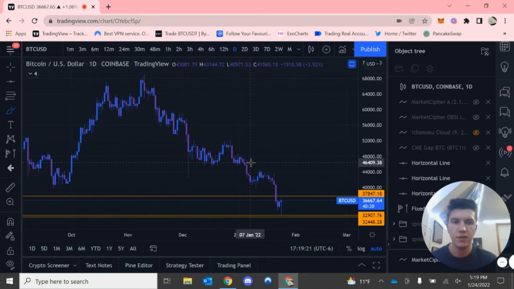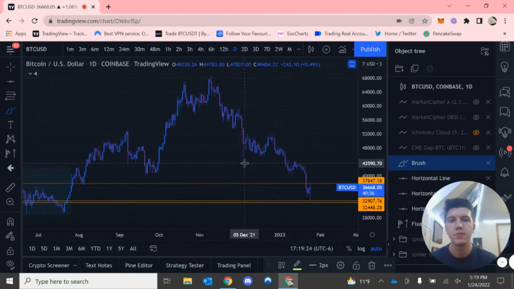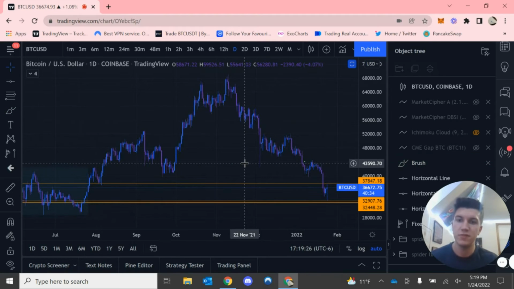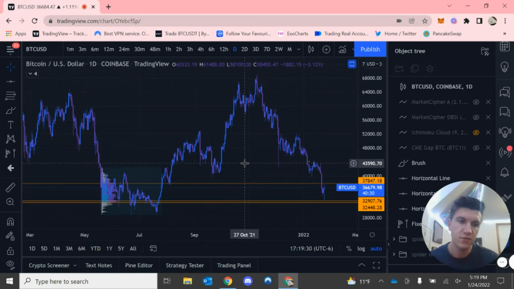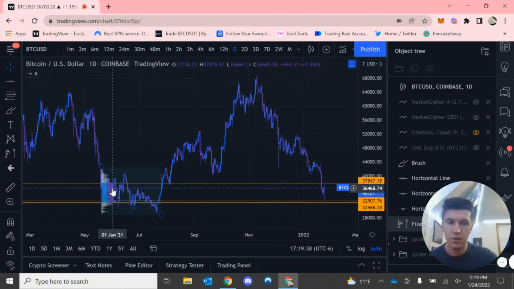And so I like to include previous ranges, specifically from similar ranges where price was trading at. And from the past, price still likes to respect those levels.